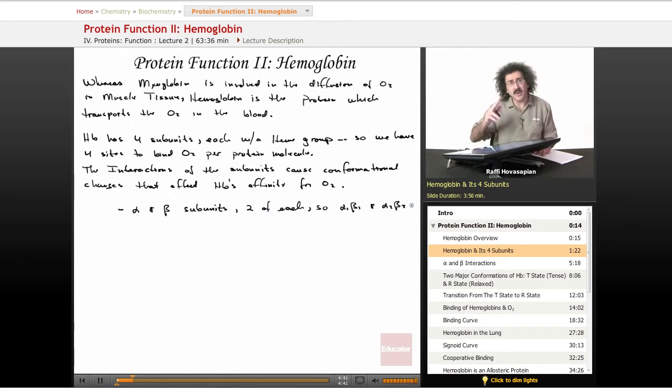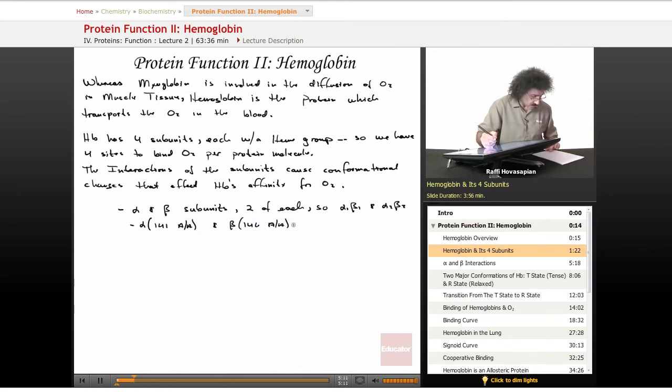The alpha 1, beta 1 interact rather tightly, and the alpha 2, beta 2 interact tightly. Now, there is interaction between the alpha 1, beta 2 and the alpha 2, beta 1, but it's a weaker interaction. The alpha has 141 amino acid residues, and the beta has 146 amino acid residues.